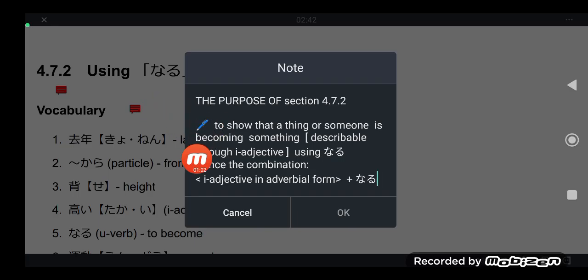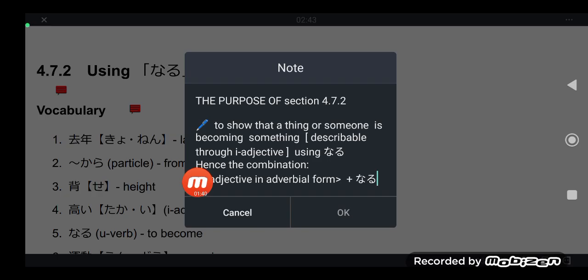The purpose of this lesson number 0096, or rather section 4.7.2, is to show that someone is becoming something, or a thing is becoming something that is describable through the use of an I adjective, through using naru.